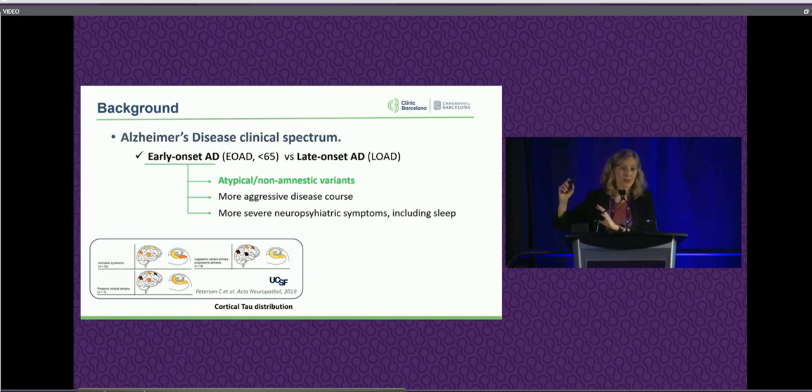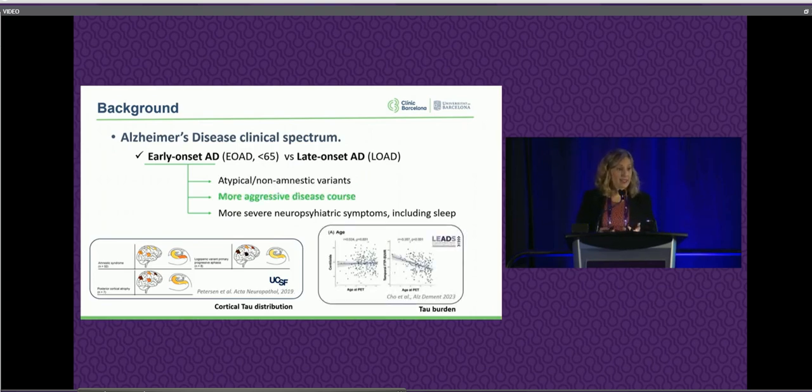If this tau is located in the occipital cortex, this patient would probably develop PCA. And the more aggressive disease course, the faster decline, is probably related to the higher tau burden within the cortex that these patients also show.